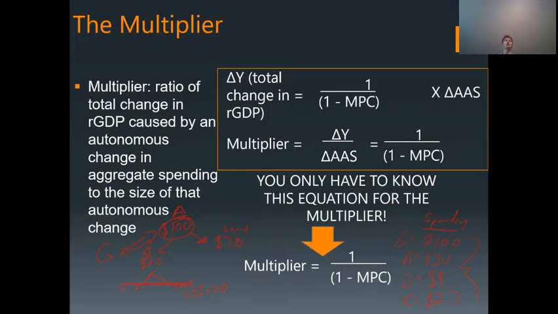So if we think in terms of the multiplier, in my example, we had an autonomous change of $100. You multiply that by 1 over 1 minus the MPC. So we get 100 times 1 over 0.7.